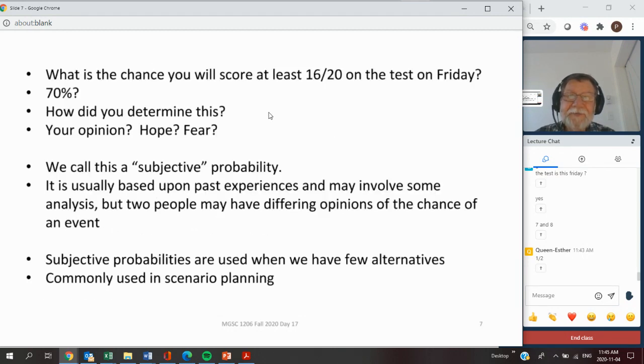So suppose the test on Friday is out of 20. It's probably not going to be out of 20, but it'll probably be 18 again. But if it was out of 20, what's the chance you will get a score on Friday that's 16 out of 20? And you may come up with some number.